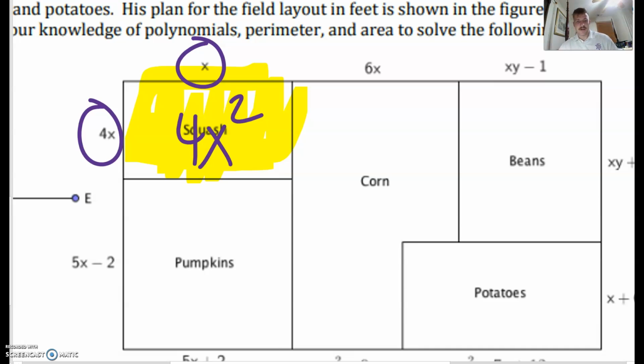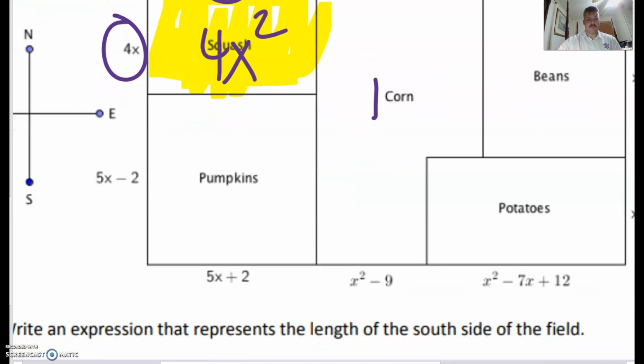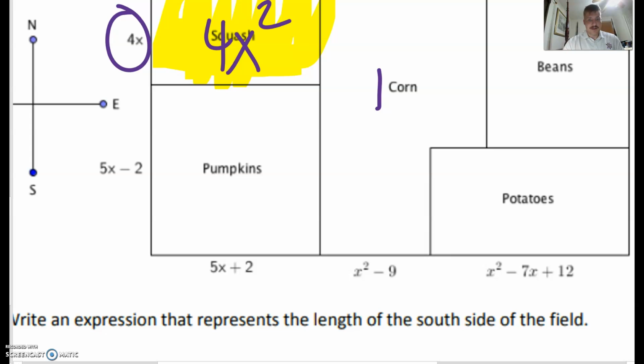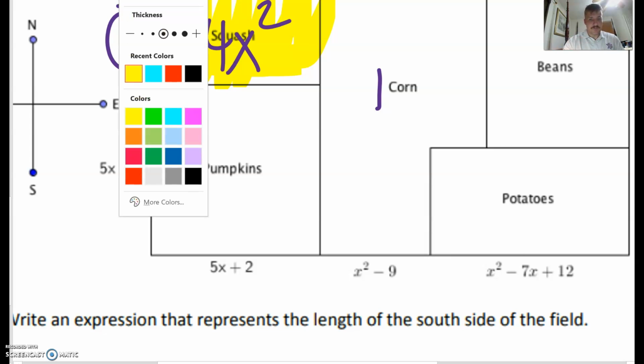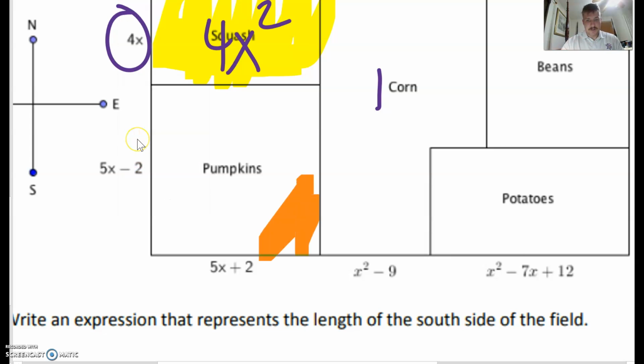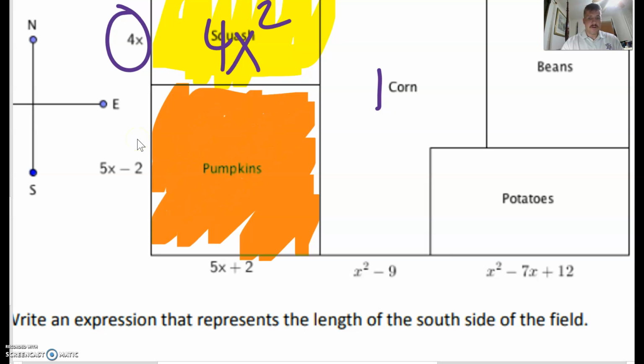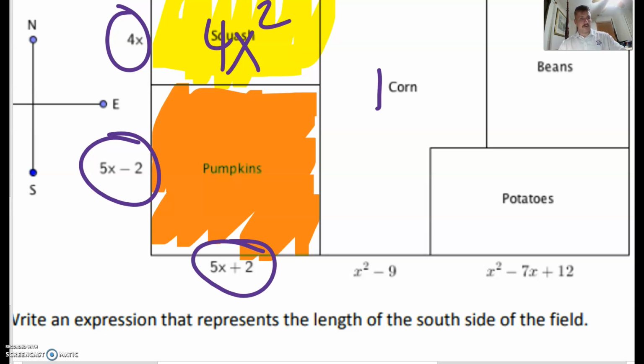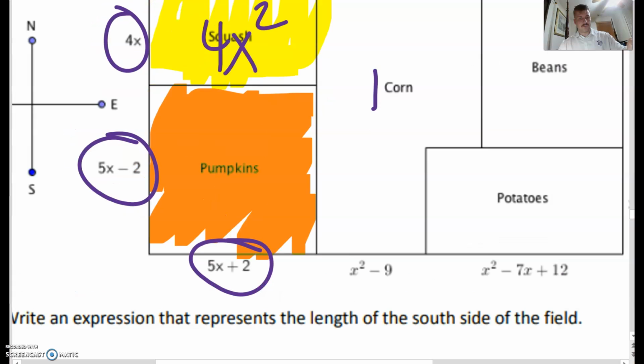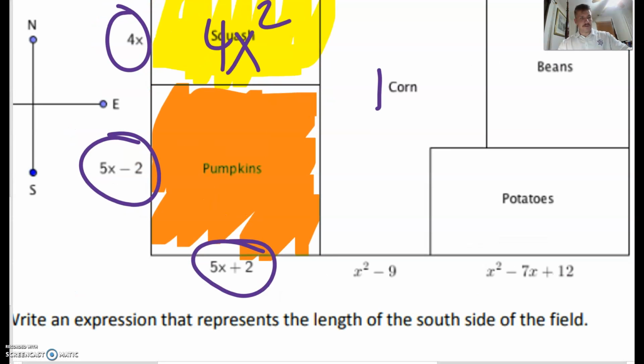Okay. Now, if I wanted to find the area of the pumpkins, and we'll use orange for pumpkins. How would I find that? Well, I would multiply 5x minus 2 times 5x plus 2. So let me zoom out.